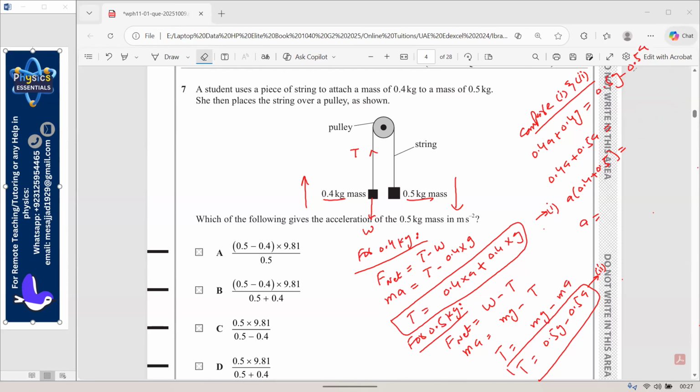Oh yeah, that's true. So now you just need to rearrange, and when I'm rearranging, the answer is 0.5g minus 0.4g, and from here, a equals 0.5 minus 0.4 times 9.8 divided by 0.4 plus 0.5.